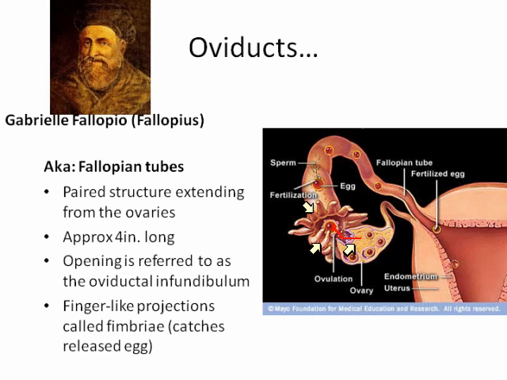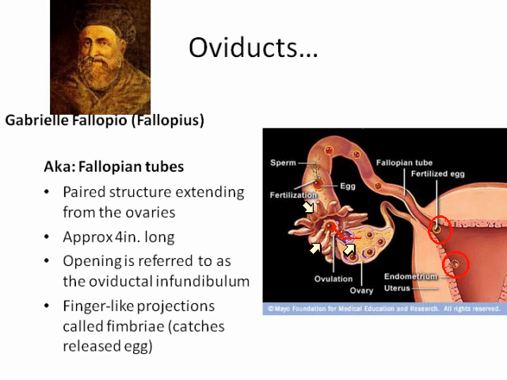You can see it here, there's the egg entering into the uterus, and here's the egg attaching to the lining of the endometrium, that being the inner lining of the uterus. And so that's the job: that fallopian tube, those oviducts, carry that egg and connect it into the uterus.